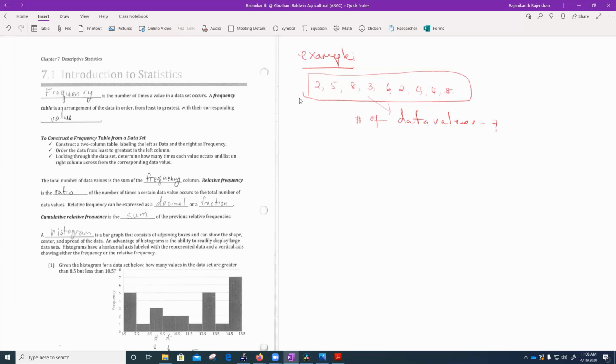If you want to make a table for these data values, my first column is always going to be the data values. We denote this by X, and the frequency we denote by little f. This is frequency.